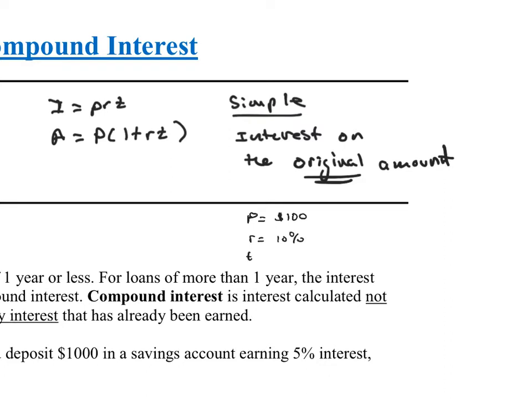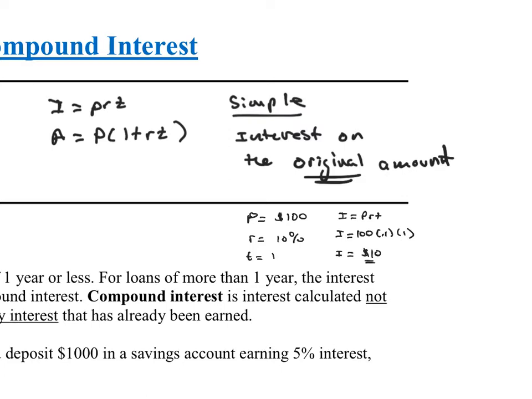If we did this for 1 year, and we used I equals PRT, plugging in the numbers, we would have I equals 100 times 0.1 times 1. I'm trying to use easy numbers here. You should have a total of $10 of interest. So if I put $100 into an account, I would get $10 of interest.